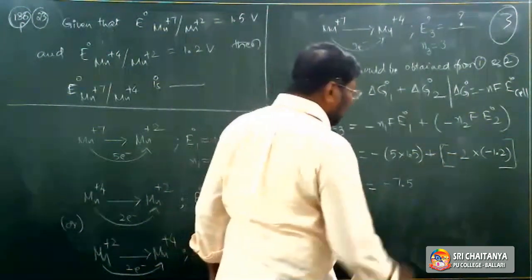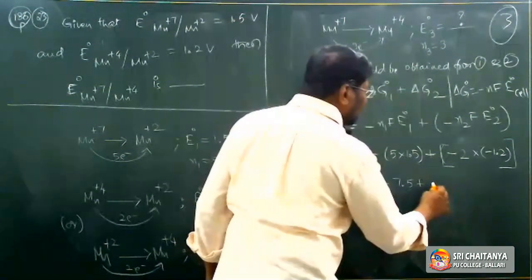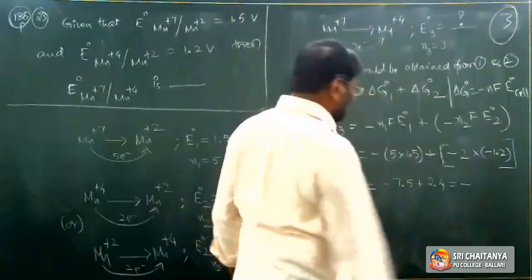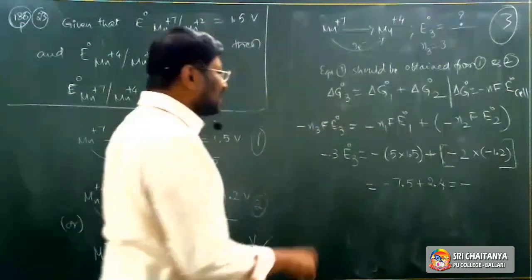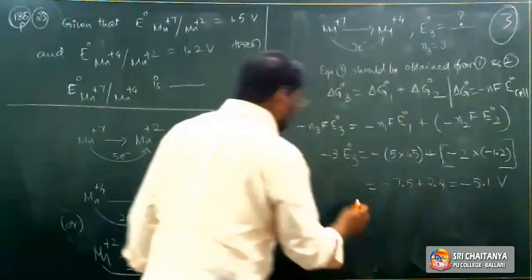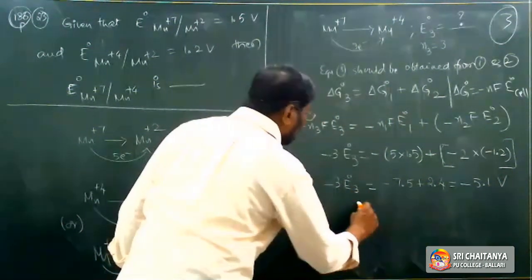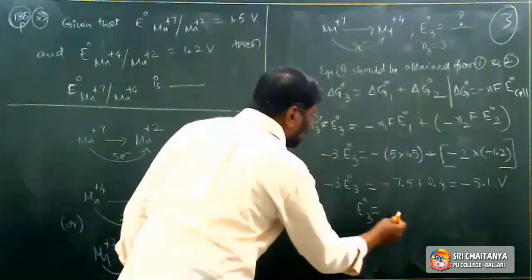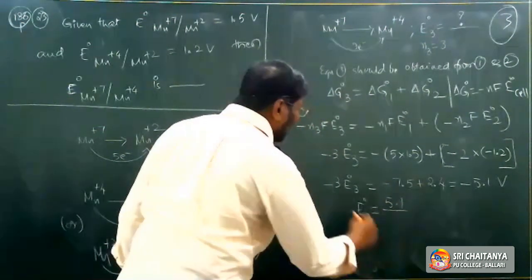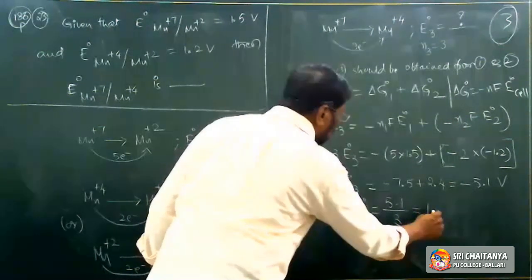Minus into minus becomes plus, so 2.4. It is equal to minus 5.1 volts, which is minus 3 E0 3. Therefore E0 3 is equal to, with the minus cancelled, 5.1 by 3.